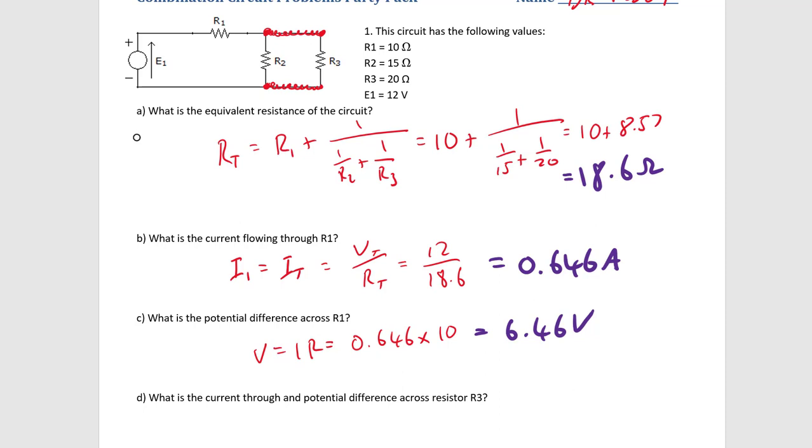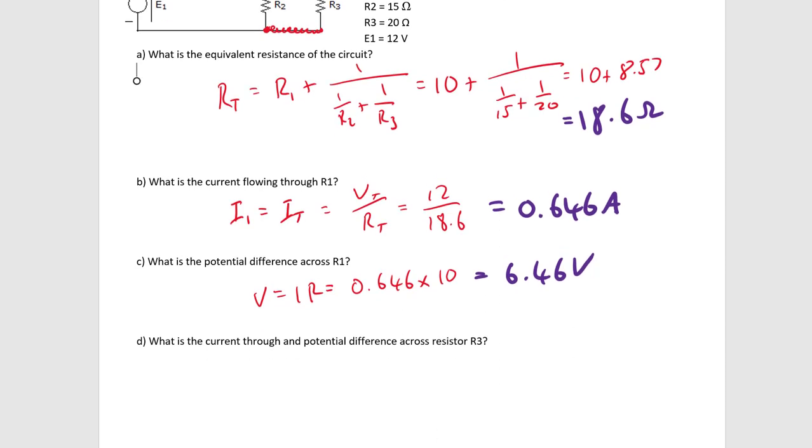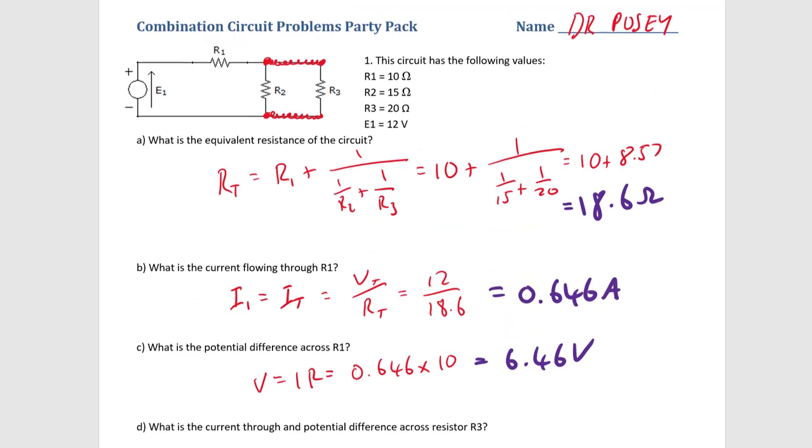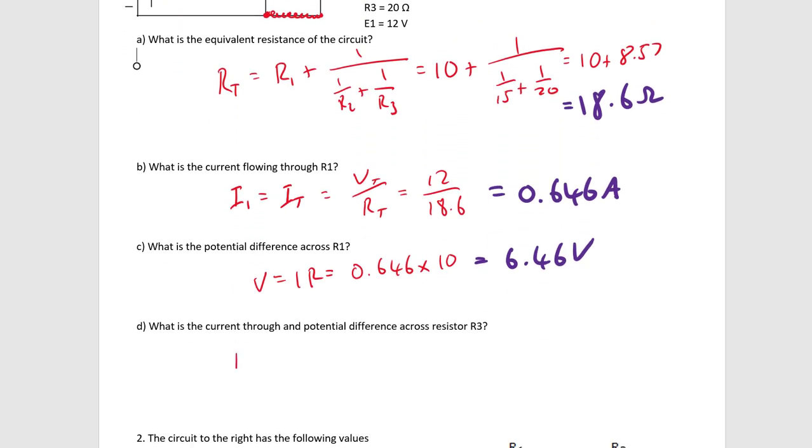Knowing that R1 is taking up 6.46 volts, that would mean that R2 and R3, both of them, so let's just do R3, the voltage is going to be equal to the total battery voltage, which is 12 volts, subtract the 6.46 volts, and you should get 5.54 volts.